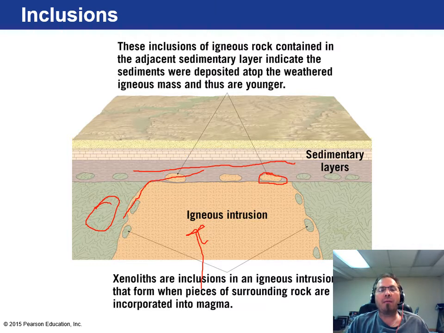All of that igneous rock came up, maybe like an old volcano, but along the sides of that, you have these little chunks of even older rock that are called xenoliths that were incorporated into the igneous intrusion. And these are actually fairly common. You do see these in highly igneous environments.